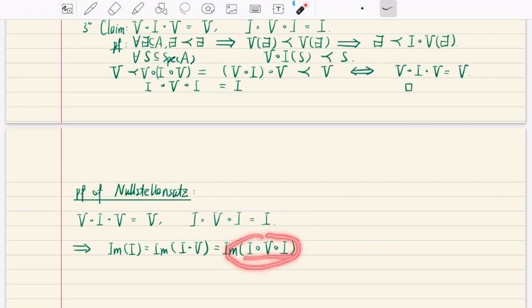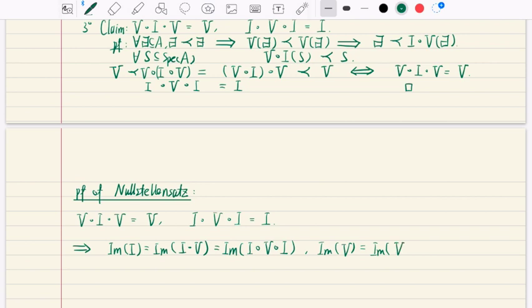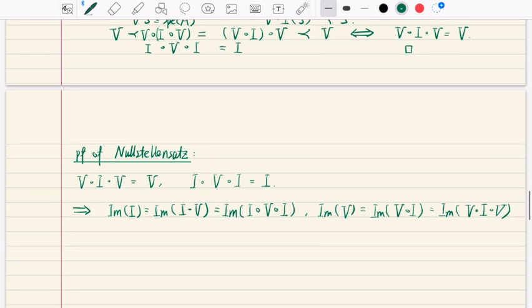But IVI is just I, so the three images are just the same. Similarly, we have the image of V equals the image of VI equals the image of VIV. That is the first corollary from the claim.